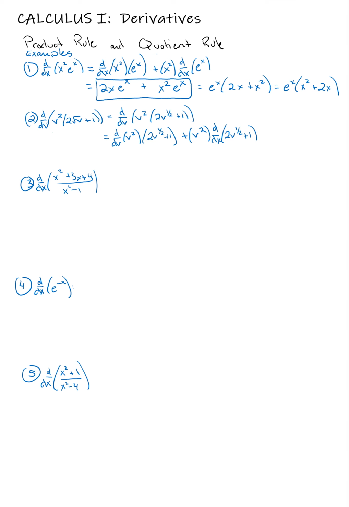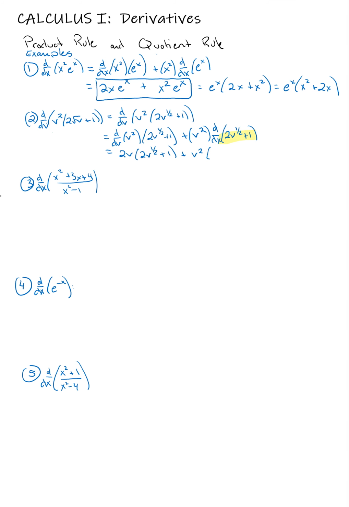So we end up with, let's see, the derivative of v squared gives us 2v times 2v to the 1/2 plus 1, plus we have v squared times the derivative of 2v to the 1/2 plus 1.